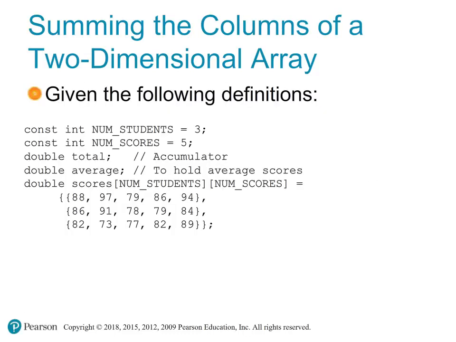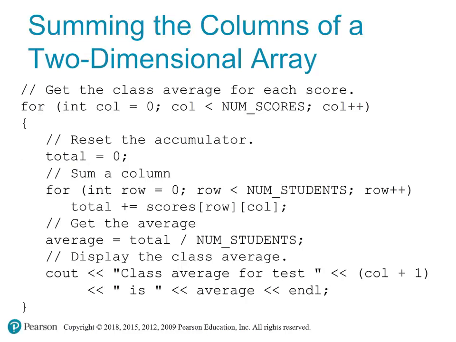In this segment, we will look at a slightly different scenario, computing the average score for each test, which is the column in our 2D array, rather than for each student. The variable initializations are the same. So this code calculates and displays the class average for each test using a two-dimensional array.